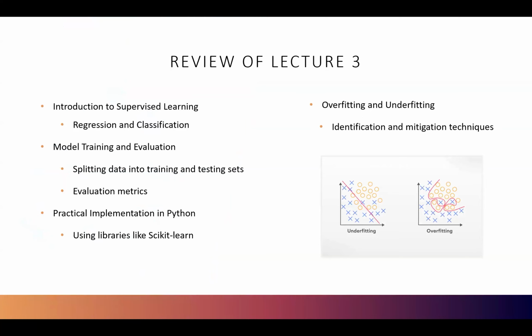We went through examples using scikit-learn, and we discussed what it means to overfit the model and what it means to underfit the model, and how both of them happen, and how to prevent both of them, and how to also identify what you're seeing, whether it's overfitting or underfitting.